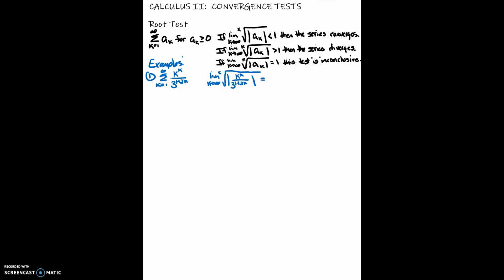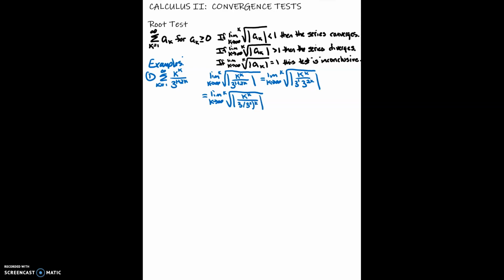All right, I'm going to start by playing around with those exponents there in the denominator. So 3 raised to the 1 plus 2k, that's 3 to the 1 times 3 to the 2k. So 3 to the 1 is just 3. 3 to the 2k, that is 3 squared to the k.